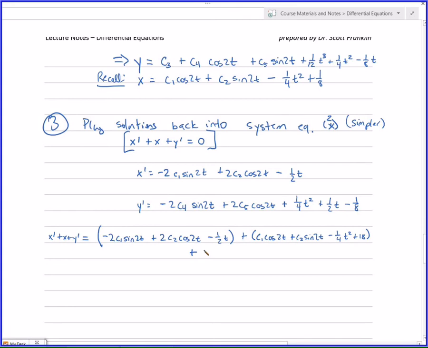So plus y prime: negative 2c4 sine 2t plus 2c5 cosine of 2t plus 1/4 t squared plus 1/2 t minus 1/8. And all that has to equal 0.